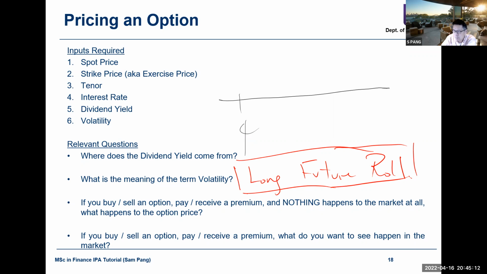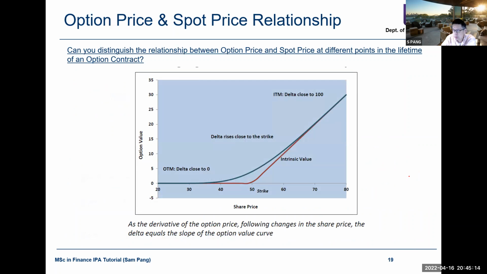Okay, now, so here is a payoff diagram. This does not include the premium you paid. I think this is a call option strike 50 from what I can see.